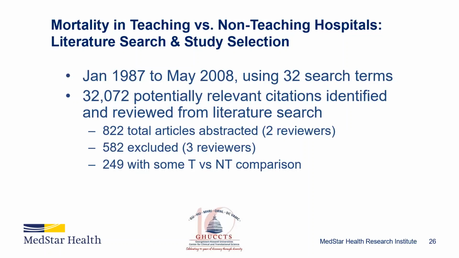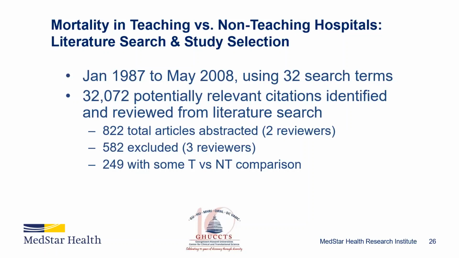And then because that's a lot of studies, they went through it again, and they found that actually there were only about 250 that had some teaching versus non-teaching comparison. So you can see that you may start out with a lot of studies, but not all of them are particularly relevant to the question you're asking.